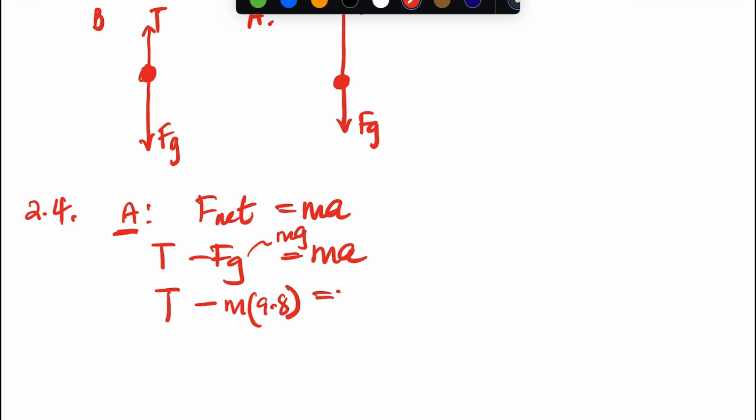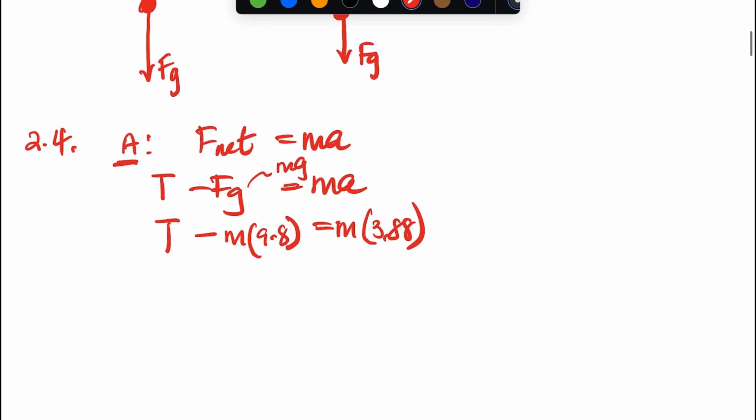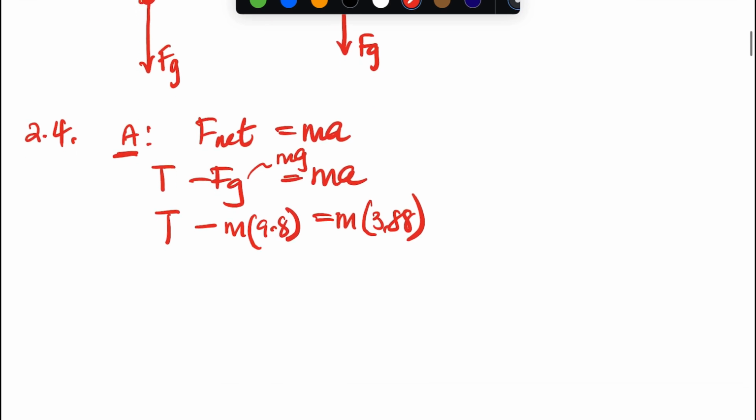So equal to the mass we do not know, and our acceleration here, we said up is positive, our acceleration is 3.88.